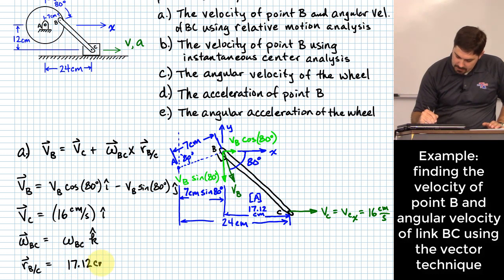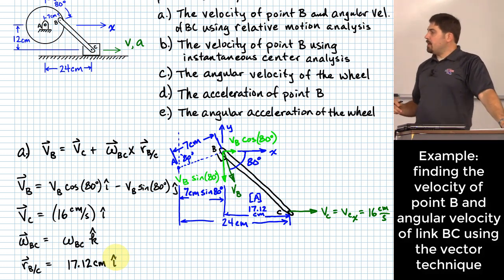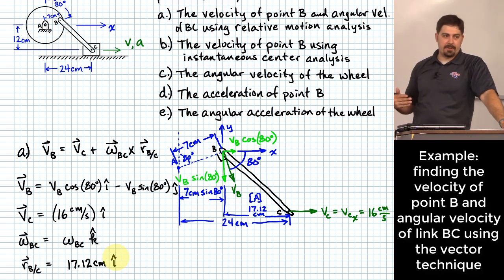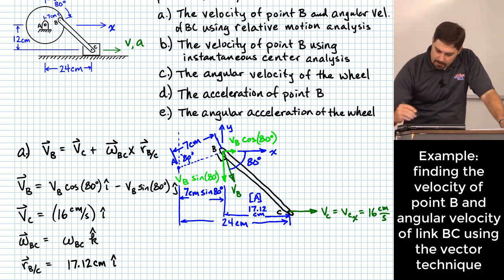17.12 centimeters i. Okay. When I have B with respect to C, or B relative to C, what direction am I defining that vector? Where do I put the head of the vector versus the tail? Right? It goes like this.